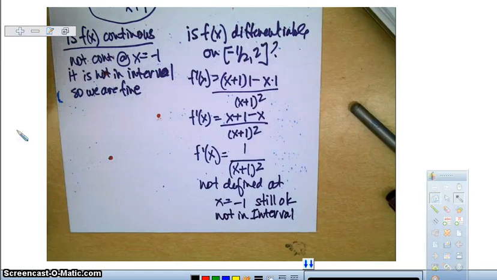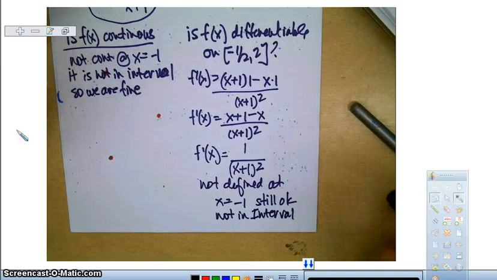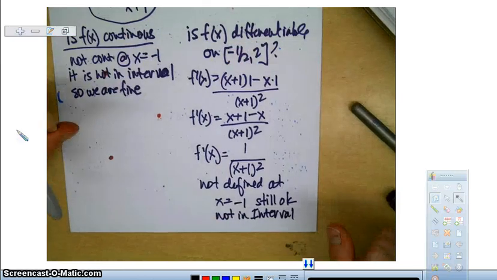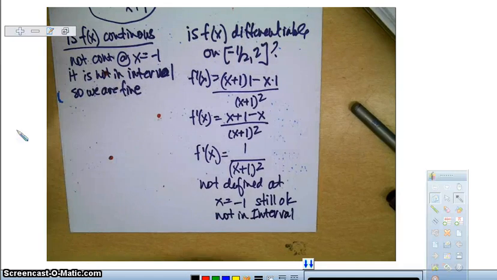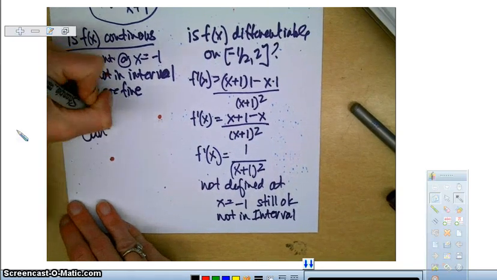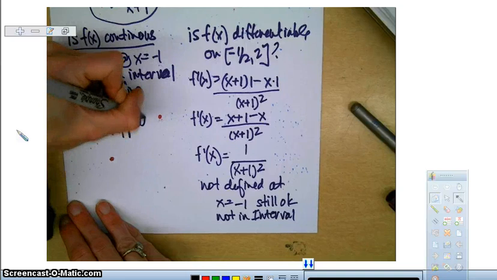You have to check this stuff, because some of your problems, you can't apply Rolle's theorem. You can't apply the mean value theorem because it doesn't have all the givens. So if you just jump in and start using the formula, it's going to be wrong. You have to check these things. All right, so can we apply the mean value theorem? We can apply the MVT.